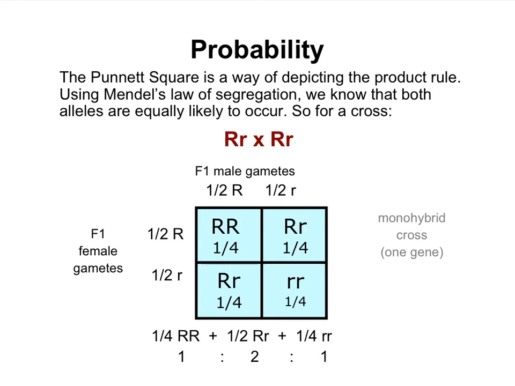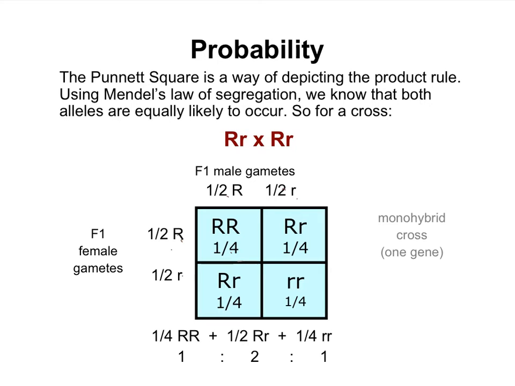So for a cross, what we do is we just say, well, what are the possibilities of getting a big R, then there's little r, there's big R, little r. And we say, well, this times this is 1/4, this times this is 1/4. We don't do the multiplication, we just move the letters around. But it turns out that what you're doing is using the product rule, and using this Punnett square is helping you reduce the amount of calculations you have to do. But understand where it comes from.